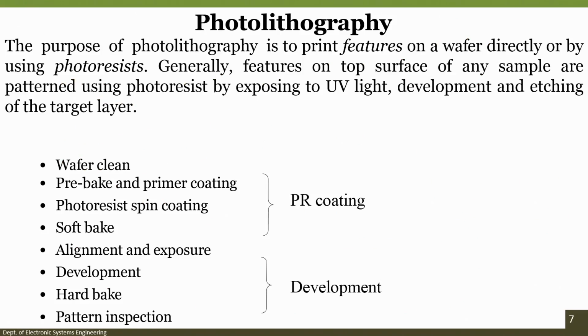Okay. So, the photolithography process is to print features on a wafer directly or by using photoresist. Generally, features on the top surface of any sample are patterned using photoresist by exposing to UV light, development, and etching of the target layer.